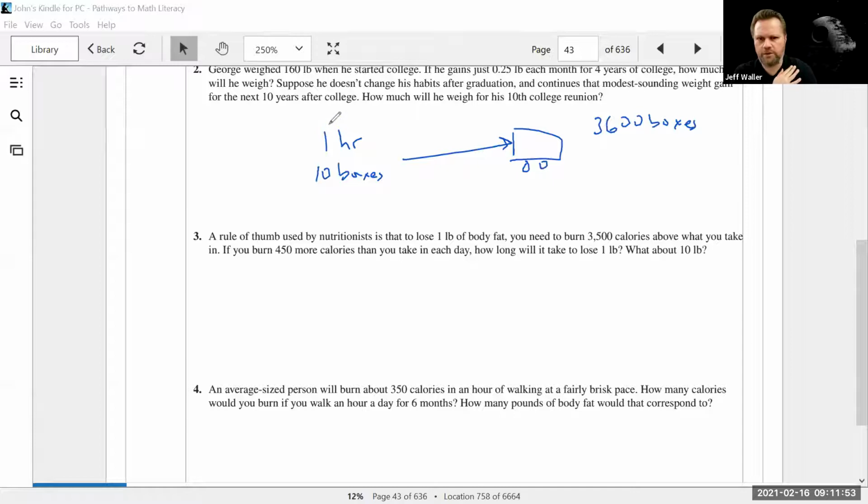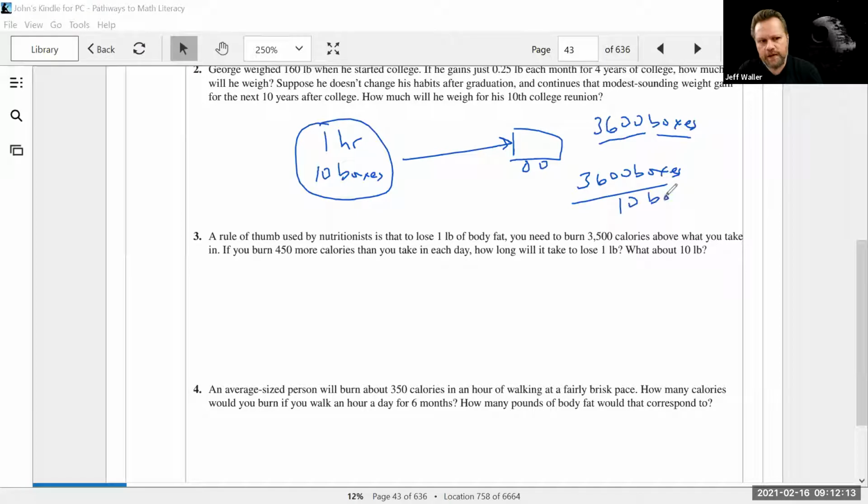In 1 hour you can put 10 boxes into the truck. It takes 3,600 boxes to fill the truck. How long until the truck is full? 36 hours. How? 600 divided by 10. Yes, it'd be 3,600 boxes divided by 10 boxes because that's per hour. So now this would be 360 hours.